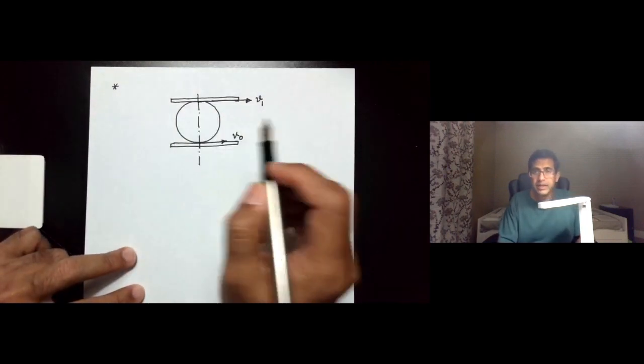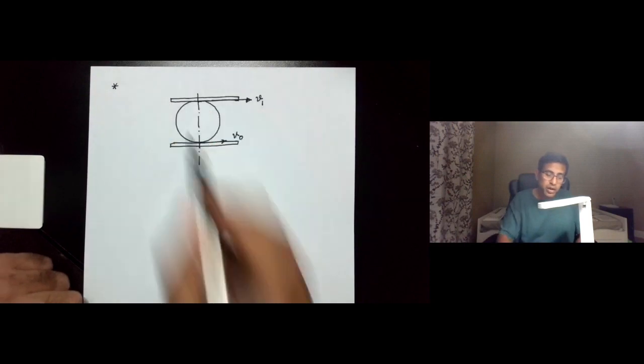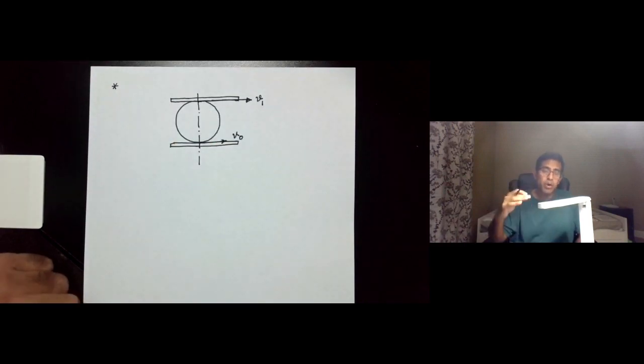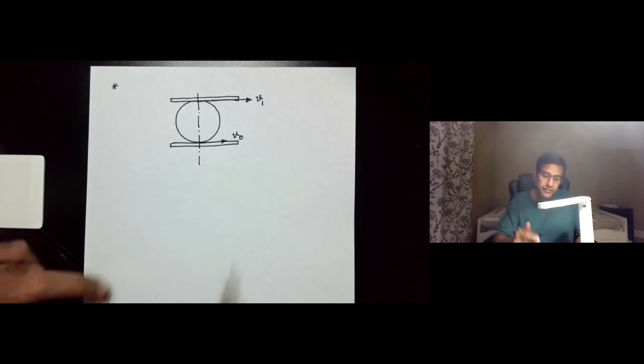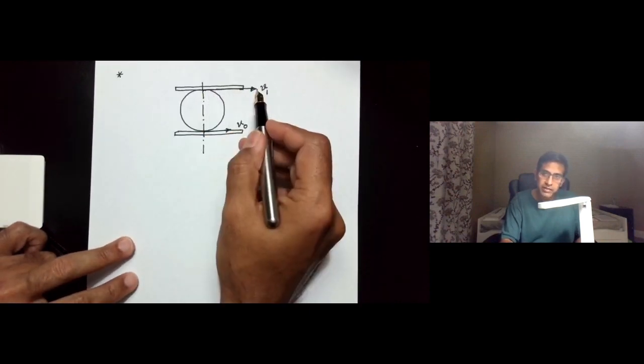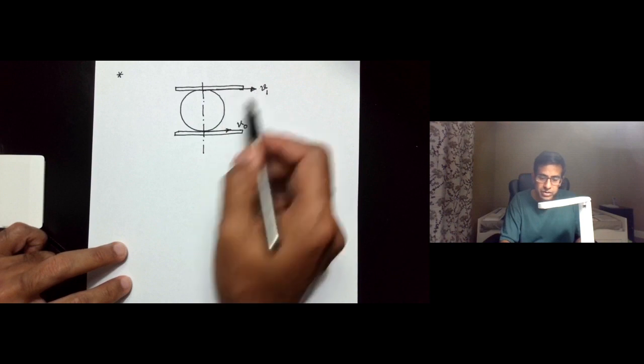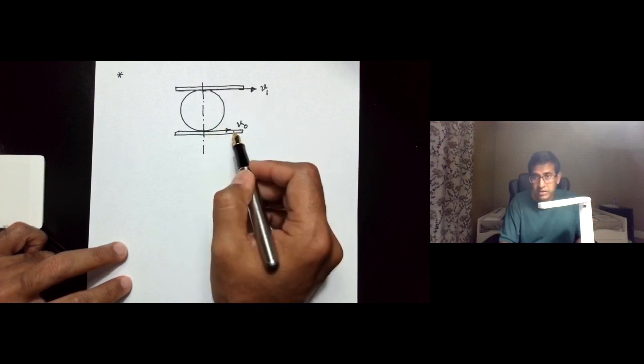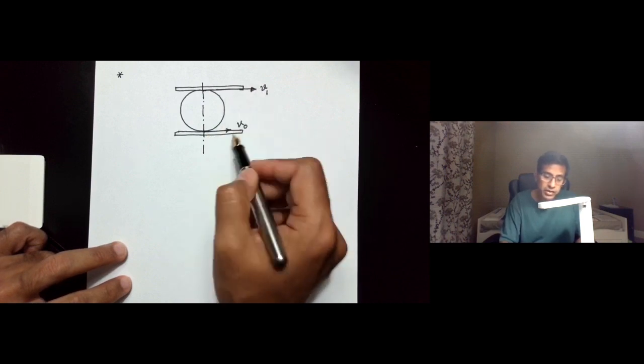So the idea is that this circular gear is sandwiched between these two bars, and the top and the bottom bar are given different velocities. And we are considering one case where the top bar is given a velocity to the right of v1, and the bottom bar is given a velocity again to the right of v0, and v1 is greater than v0.